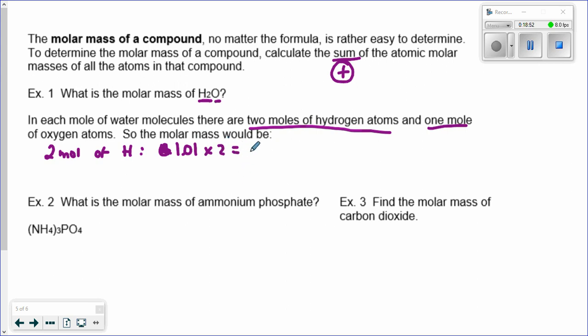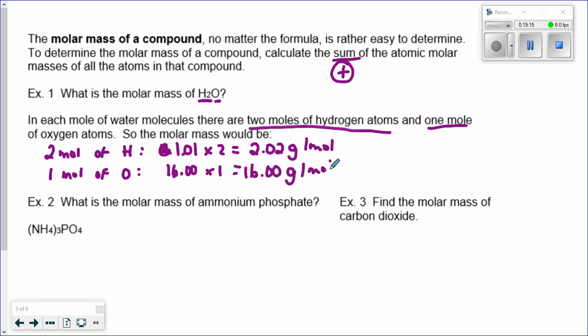So that hydrogen will contribute 2.02 grams per mole. And then 1 mole of oxygen. We know that oxygen is 16.00. Again, there's only one of them. 16 grams per mole. So now if I add those up, we get 18.02 grams per mole. So that's the molar mass of water.